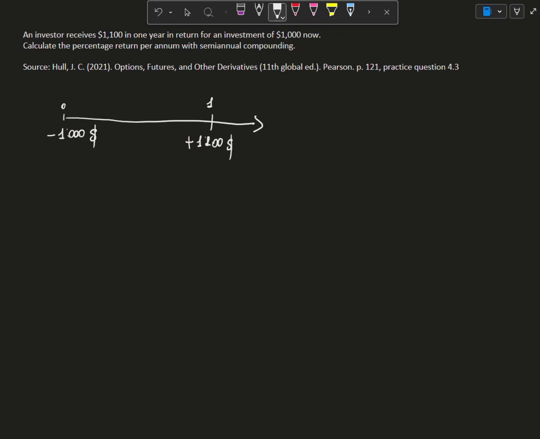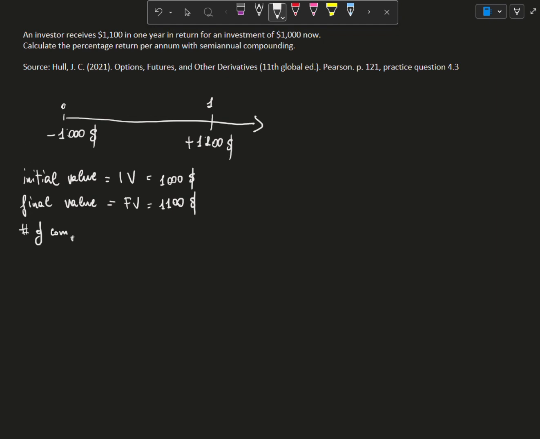So we have an initial value, which I will denote as IV of $1,000. We have a final value, which I will denote as FV of $1,100.